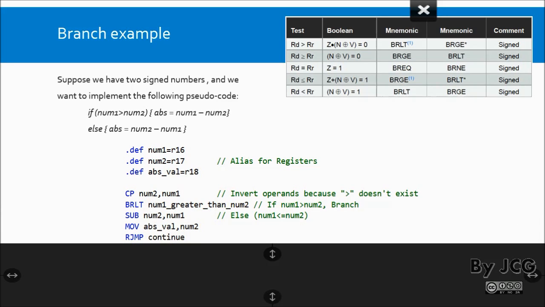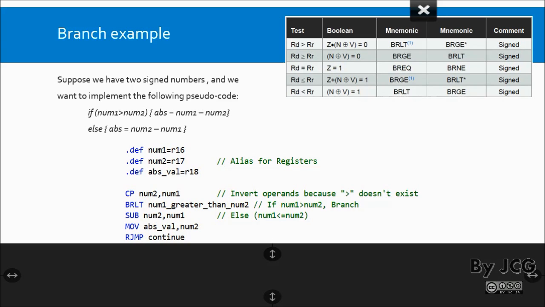Now we have this piece of code, and this is important. This code will execute if the branch does not jump. So this is actually the else, okay? Because if number 1 is greater than number 2, then we're gonna jump this code. So if we do not jump, this is the else. This means that number 1 is less than or equal to number 2.